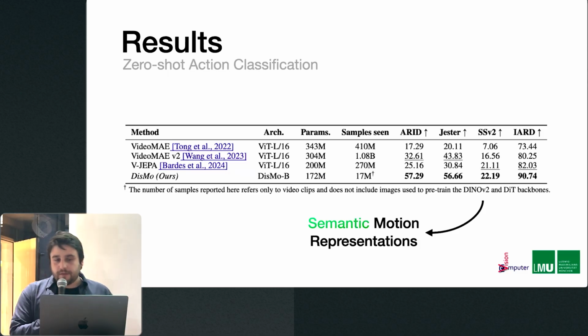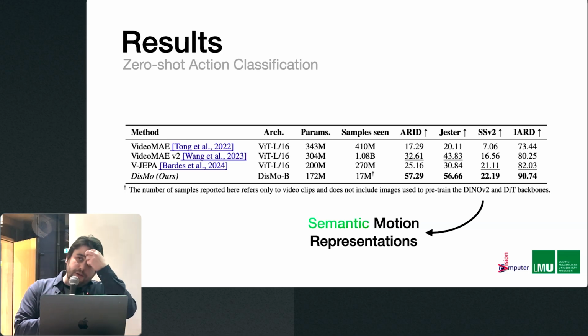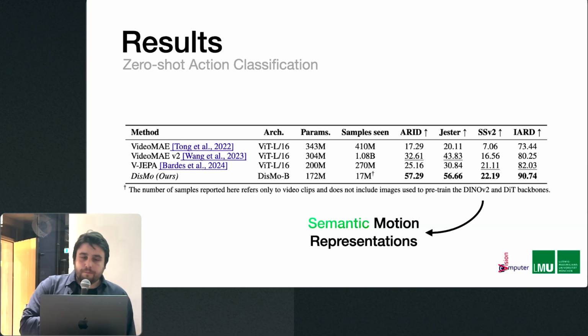The second test which we did is to check whether our motion representation space is actually semantic or it is still pretty low level. And we tested this on a similar setup, again against default video representation learning methods, on some datasets: ARID, Gesture, SSv2, and IARD.